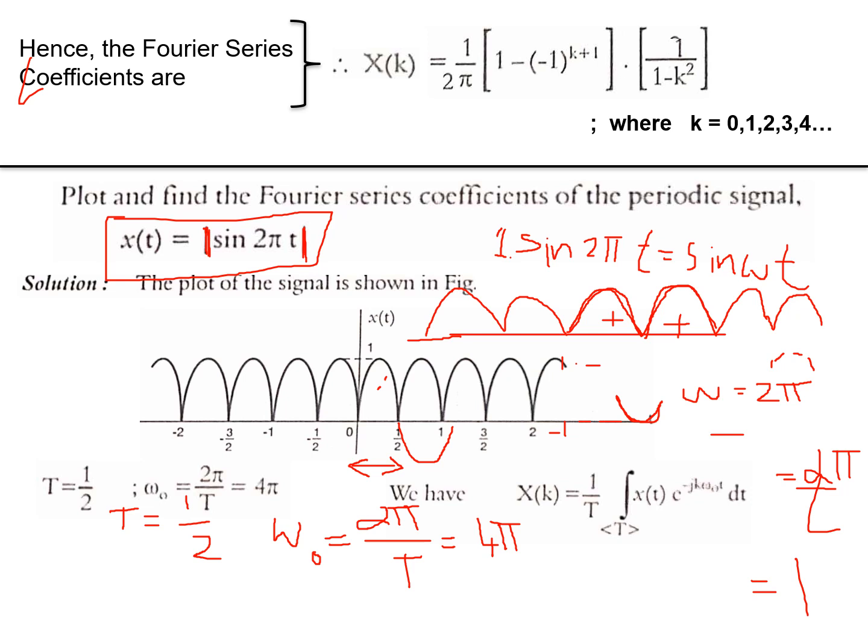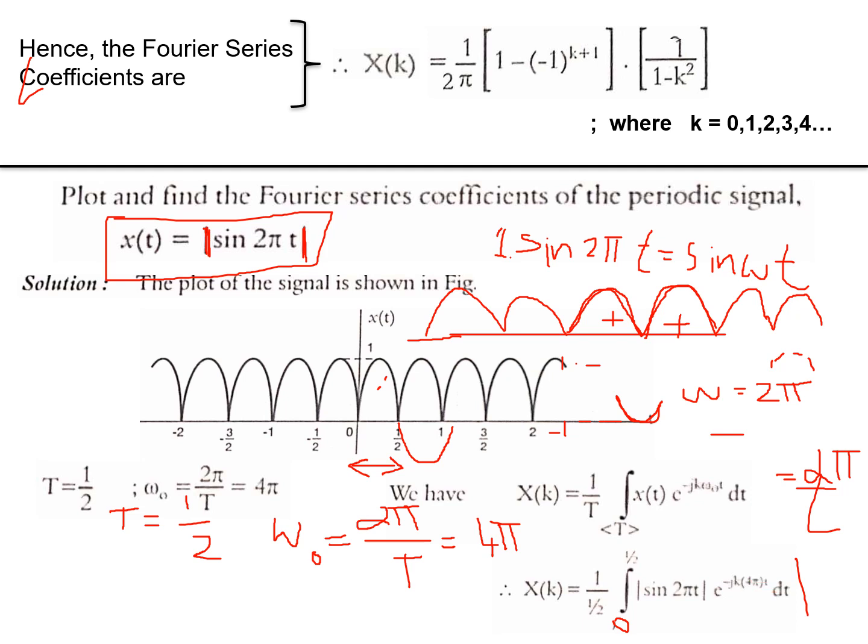The time period is half, so the integration limit is from 0 to half. Sorry, the time period is 0 to half. That means the integration limit is also from 0 to half. So this is the integral from 0 to half of sine 2 pi t into e power of minus j k into omega naught t.